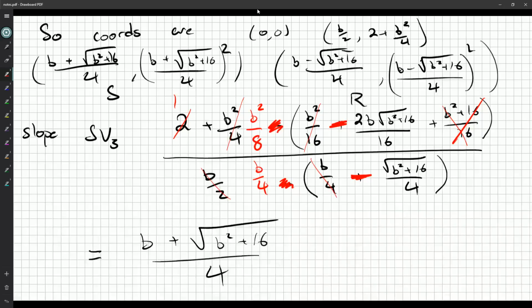Okay, so we got b squared over 8, b over 4. Yeah, definitely not. This 2 and this 16 can give me an 8 on the bottom, so that's something at least. Let's see here. So b squared over 8.